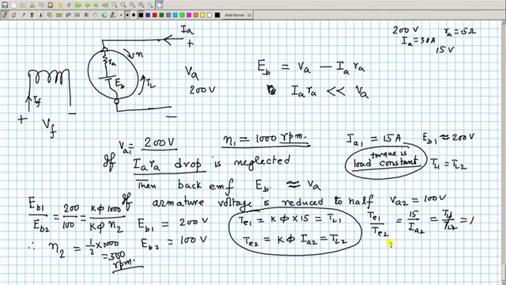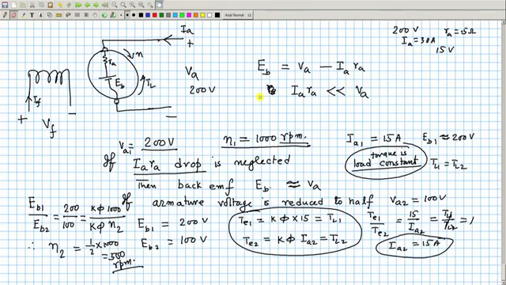Therefore, you see IA2 will remain same as 15 ampere, but speed will be half. In other words, sometimes if you are told that neglect that small armature resistance drop, then the problem becomes very easy. Back EMF is decided by supply voltage. That is the one thing.